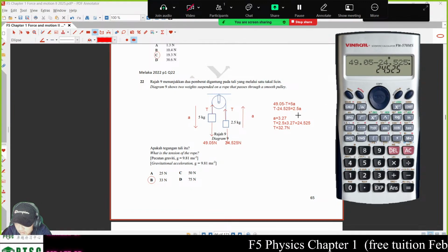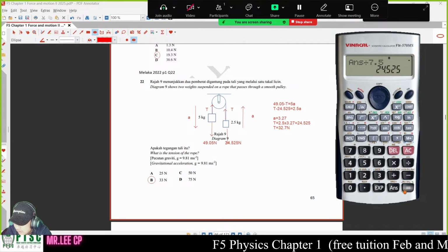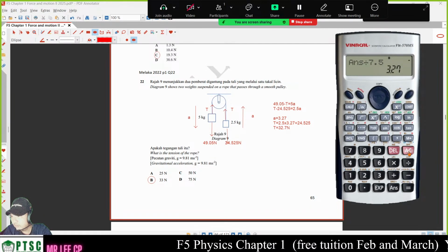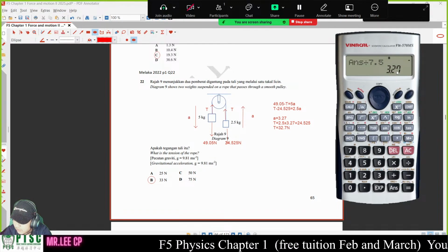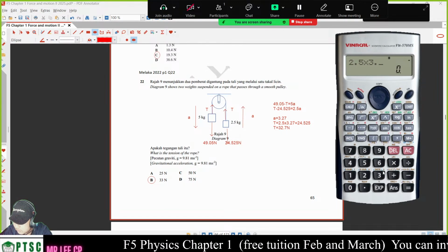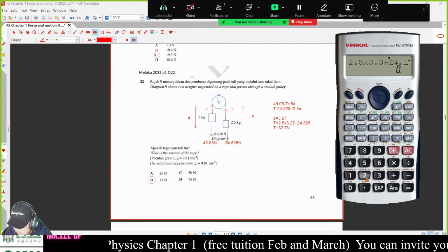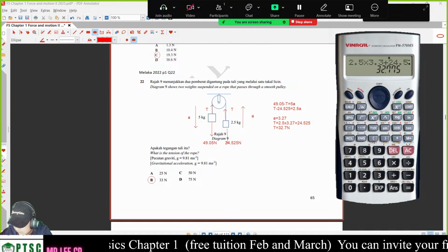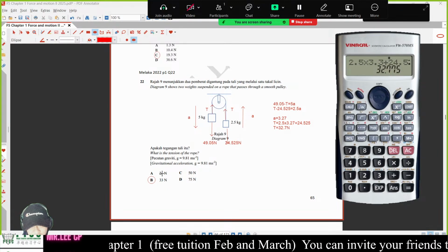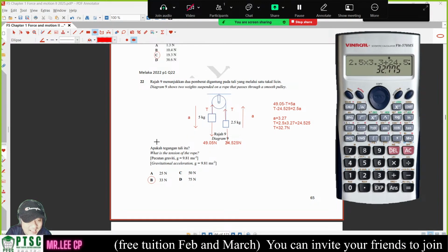And then divide by 7.5, you get 3.27. Sometimes they round off to 3.3, right? Then 2.5 times 3.3 plus 24.525. They round off a lot.